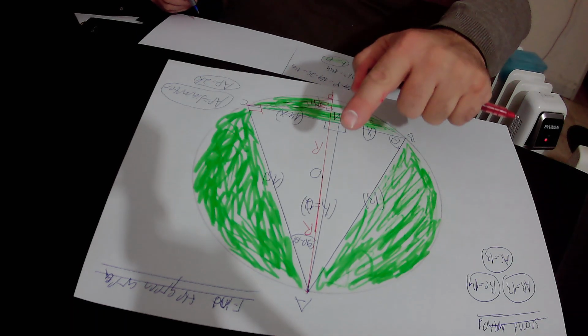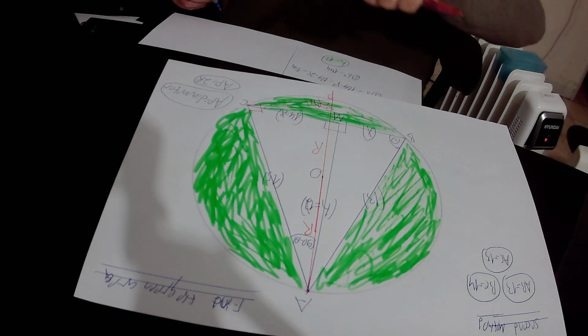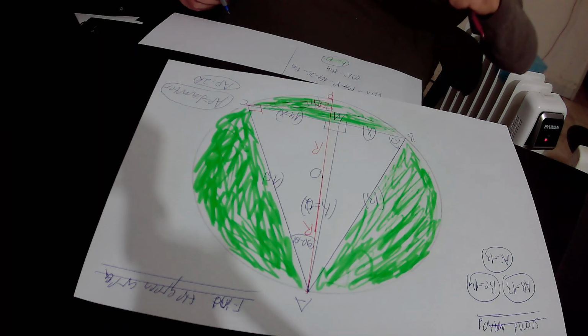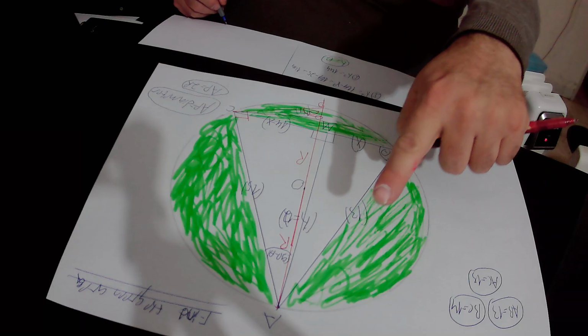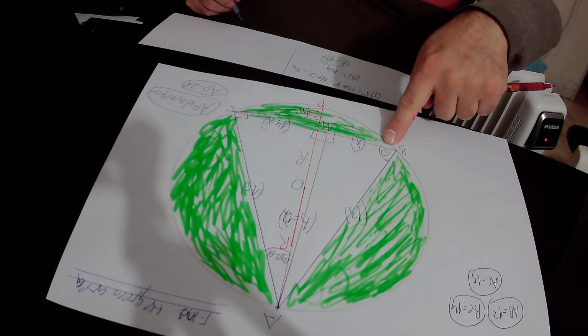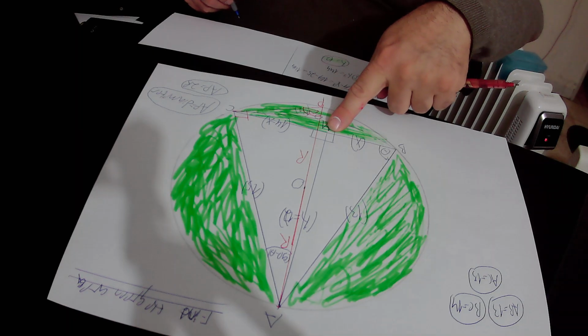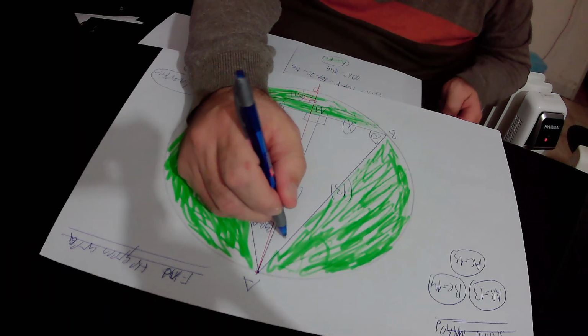Because 90 degrees minus theta plus theta is 90 degrees, and 90 degrees plus 90 degrees equals 180 degrees. That is the sum of the angles in any triangle. Likewise, we will focus on the right triangle ABM. In this right triangle ABM, this angle equals theta, this angle equals 90 degrees, therefore the missing angle must be equal to 90 degrees minus theta.